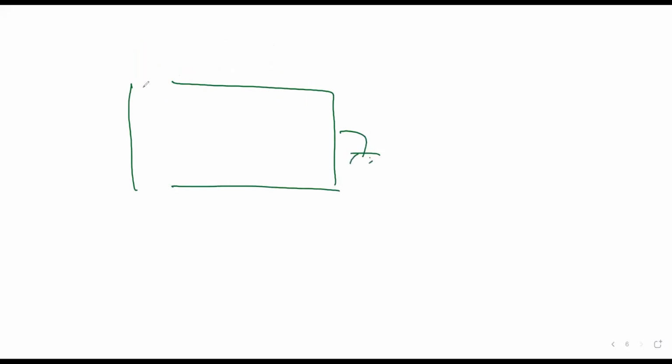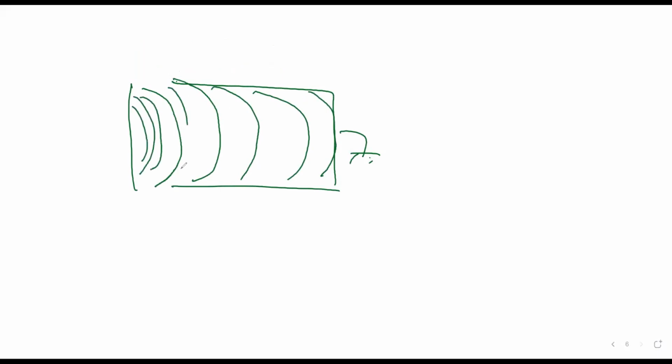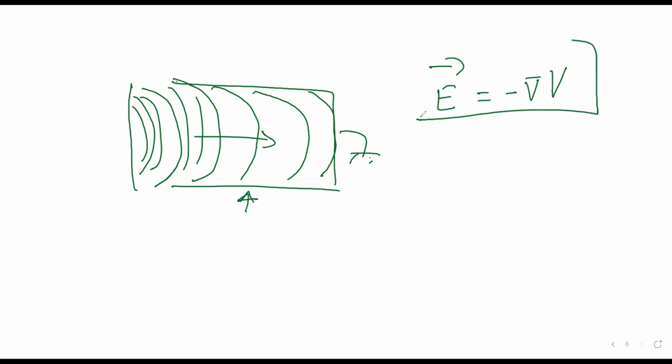So you see that your solution has this nature. Theoretically, your potential will be distributing in this way, because this boundary is 0, your potential will gradually decrease. For example, going to 0, your equipotential lines here will be widely spaced and gradually go to 0. Once that potential distribution is known, you can easily calculate the electric field by simply taking the gradient of your potential.